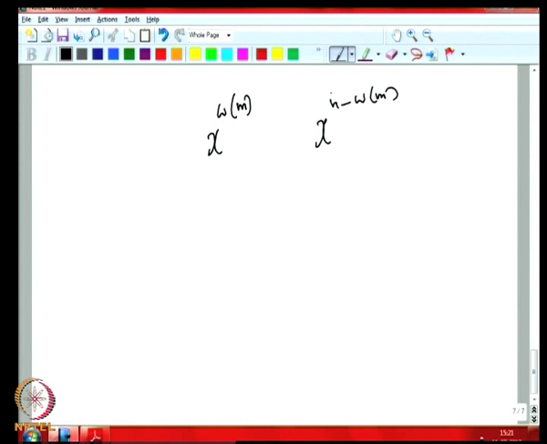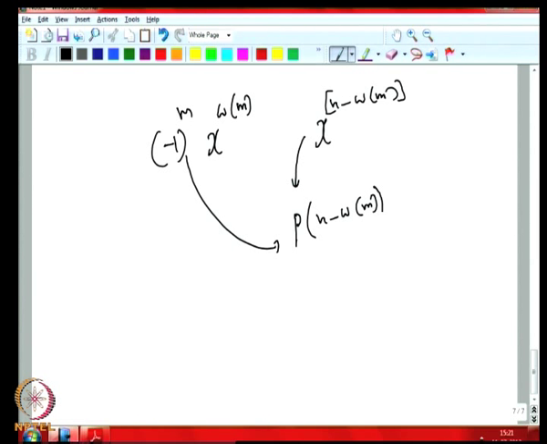But we know that the coefficient of x raised to n minus omega of m will be p of n minus omega of m. But the coefficient here is just minus 1 raised to m. So, we will get minus 1 raised to m into p of n minus omega of m when we make that product.